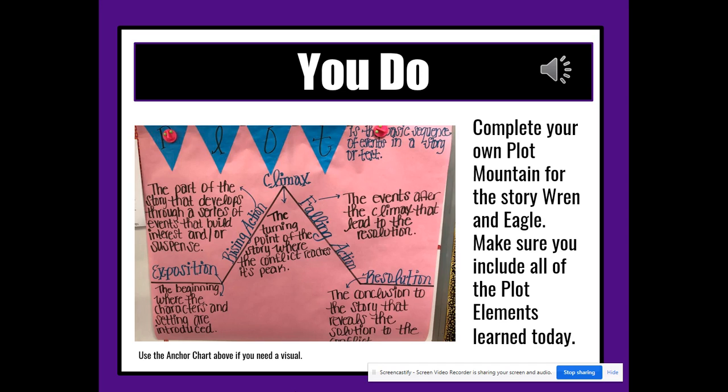I just want you to be creative and have fun. Make sure you include all of the plot elements you learned today. I included an anchor chart in case you needed a visual. When you get done, you can submit it through Schoology so that I will have access to it. Remember, I want you to have fun and make it personal.